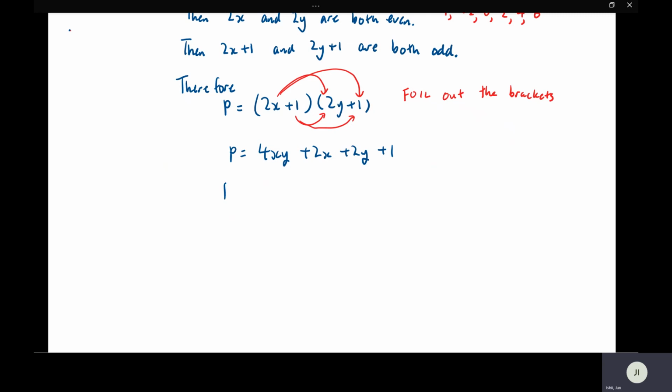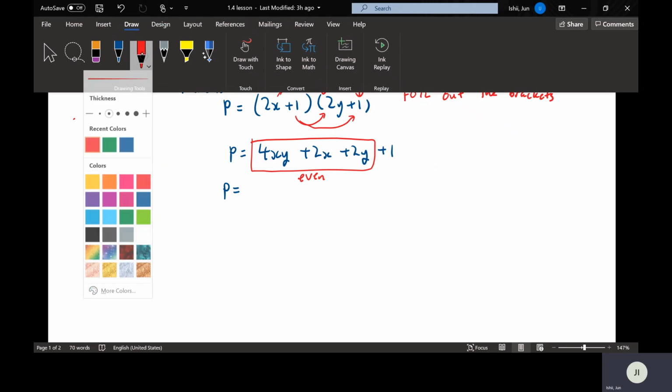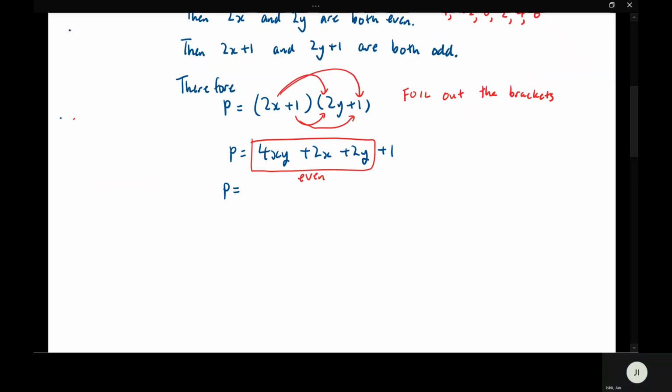Now, another way that we can show this is that the first part here is even. So let me grab a different color here. If I show that these first 3 terms, when I add them together, are even, then if I add 1, the whole thing is going to be odd. So I want to show that this is even. The way I'm going to do that is I'm just going to factor out a 2 out of the first 3 terms.